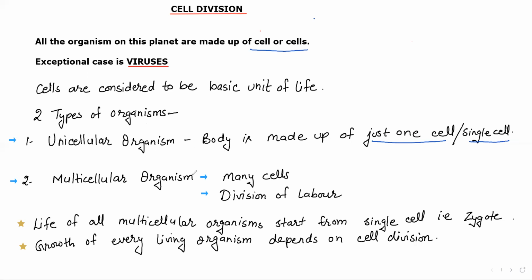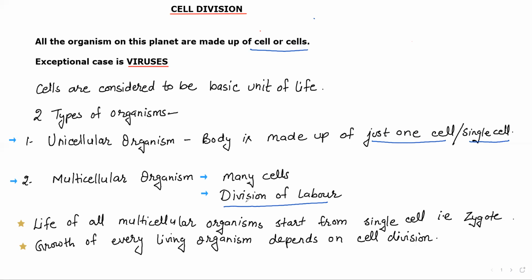Whereas in a multicellular organism, as there are many cells, there might be division of labor. But if at all some cells are getting damaged, by some natural reason or some accidental case, what is going to happen?